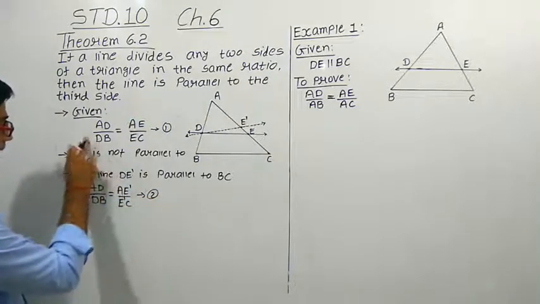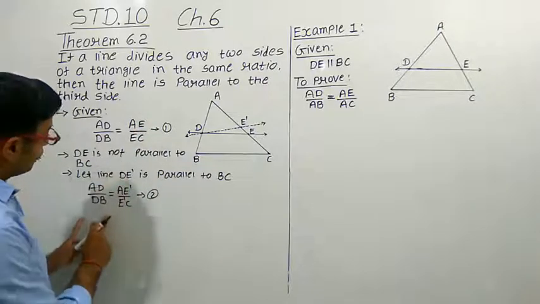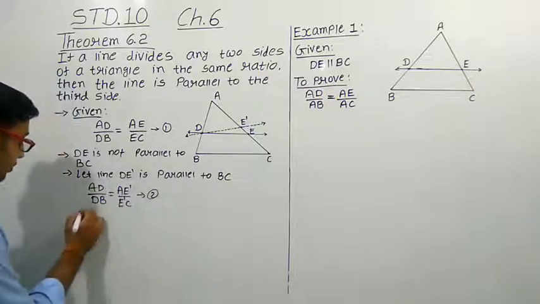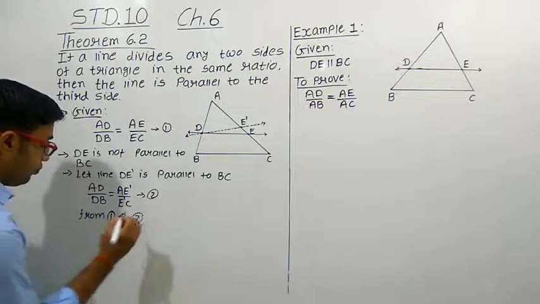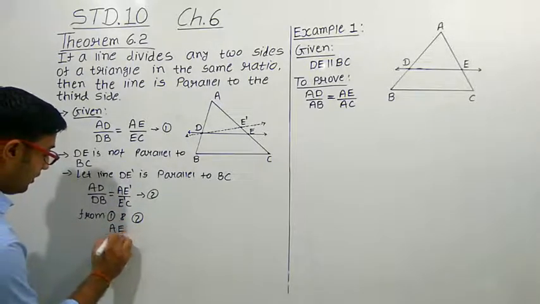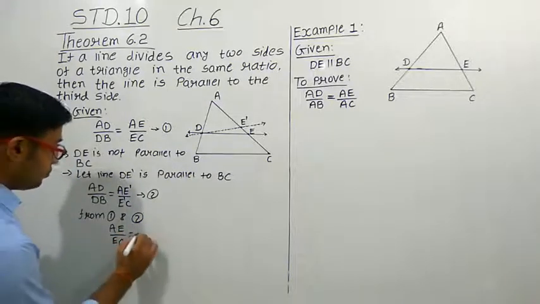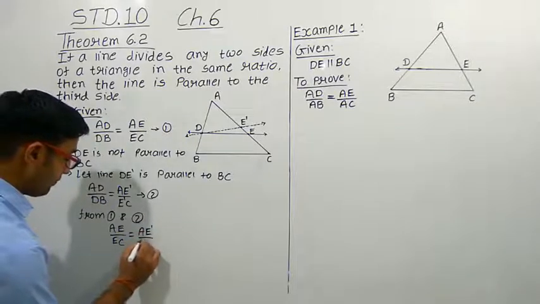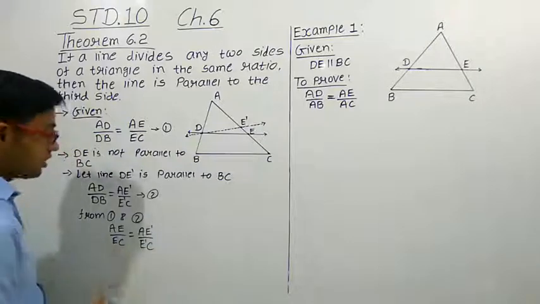Now see, AD upon DB is equal to AE upon EC, and AD upon DB is also equal to AE dash upon E dash C. So from 1 and 2, we can write that AE upon EC is equal to AE dash upon E dash C. Both these ratios are equal.